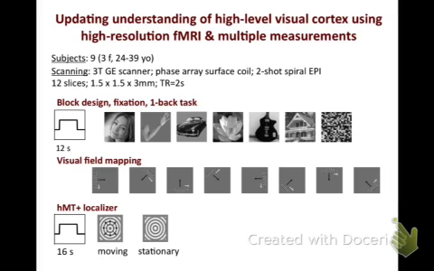Subjects sit in the scanner and they view different kinds of experiments. For example, experiments where they'll see faces and body parts and objects to map these high-level visual areas, and in addition, they participated in other more standard experiments to map the visual field and localize other regions of selectivity.